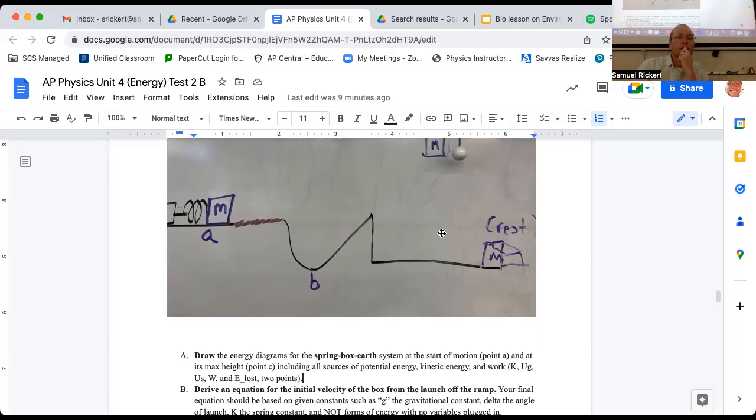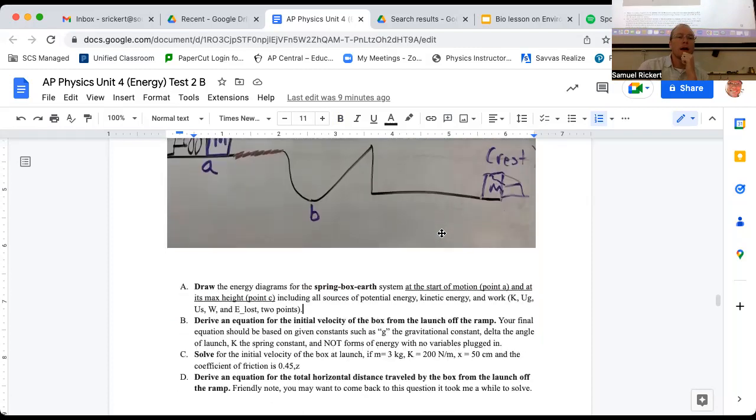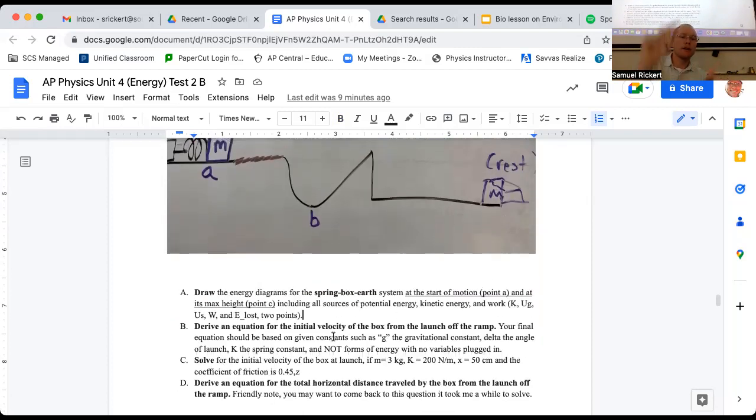Derived for velocity. Importantly, if you have an equation that says V equals and it's consistent with your energy diagram, you got full credit, even if it's wrong. So make sure when you derive an equation, you say V naught, initial velocity, equals something based off your energy diagram. It should all have a square root, and it should have lots of 2's and over m's, because you have 1/2 mv squared.